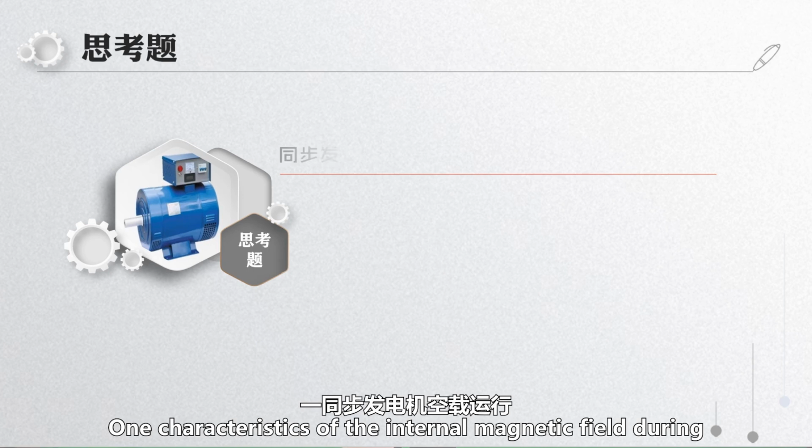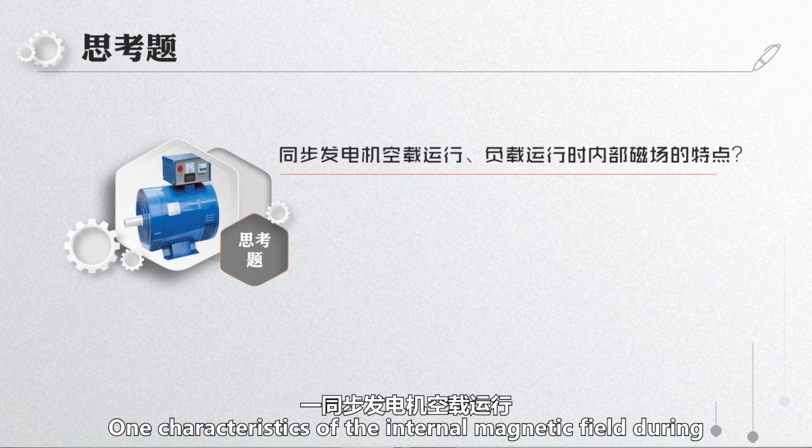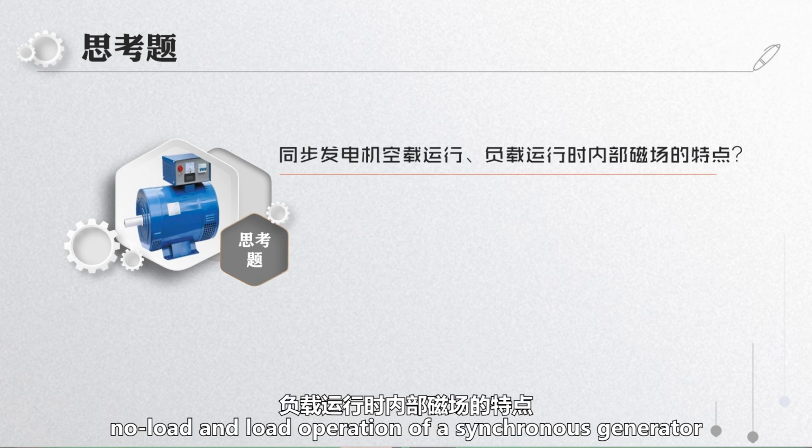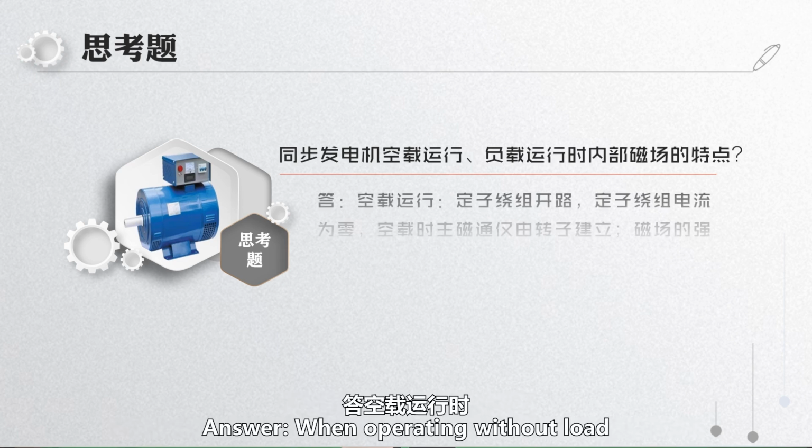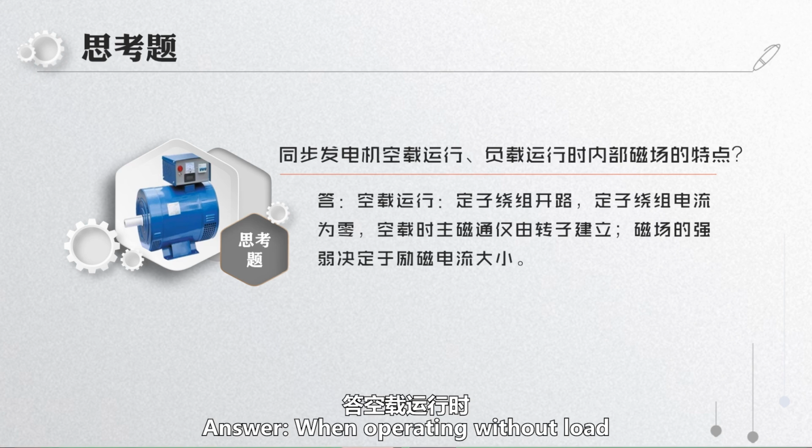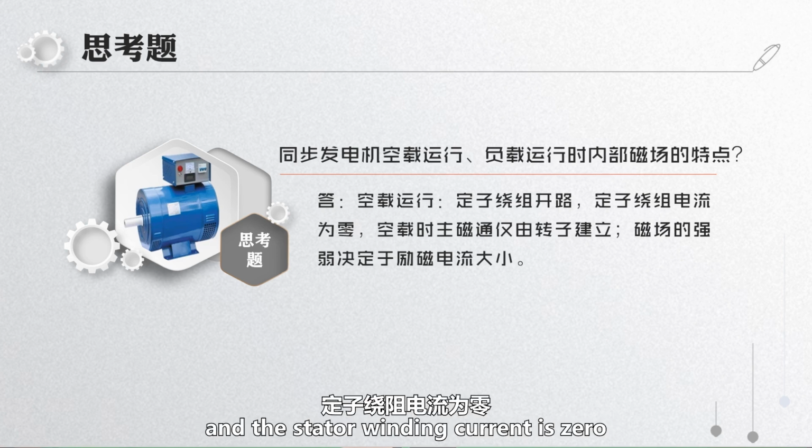Exercise 1. Characteristics of the internal magnetic field during no load and load operation of a synchronous generator. Answer. When operating without load, the stator windings are open-circuited, and the stator winding current is zero.